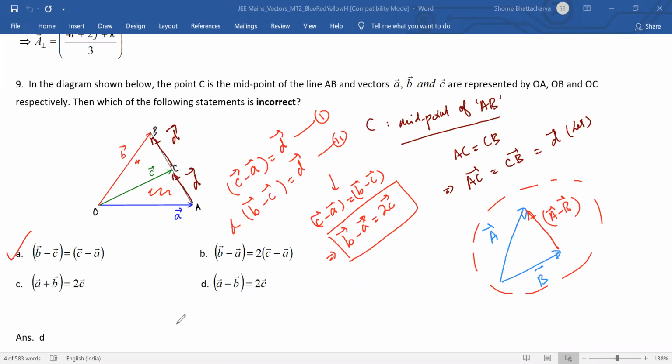Now you can also see that, finding the incorrect statement.